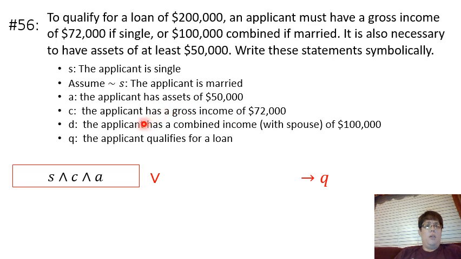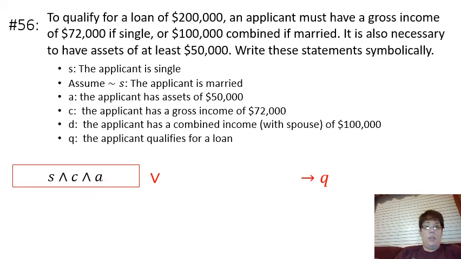The applicant has to have a gross income of 72,000 if single. And then A, the applicant has assets of $50,000. So you have to be single, have a gross income of 72,000, and have assets of 50,000, and then you qualify for the loan.